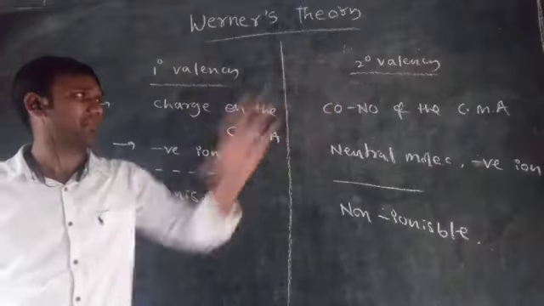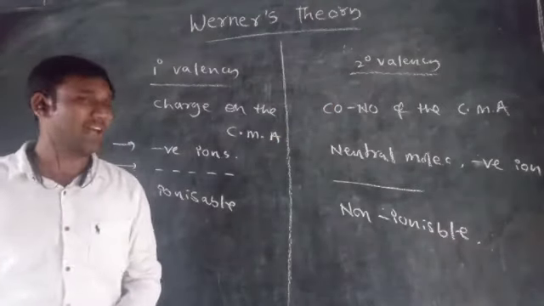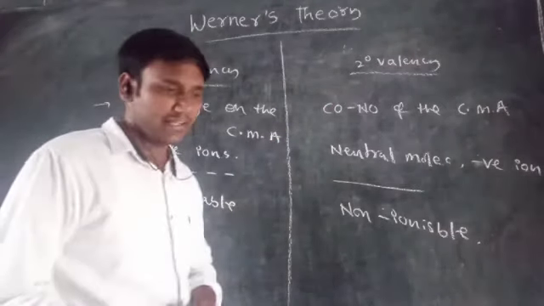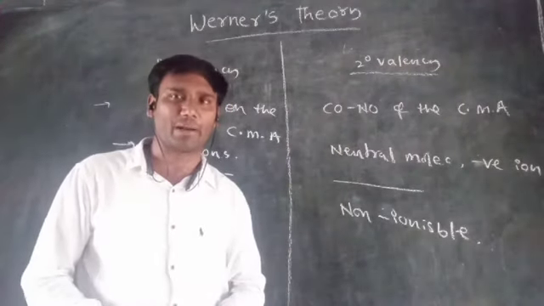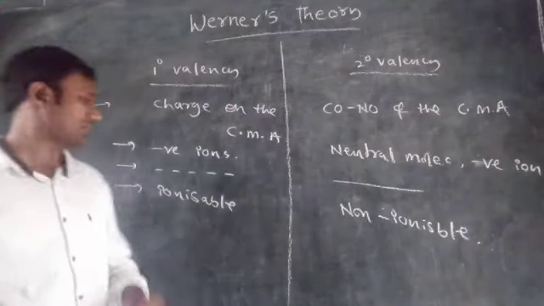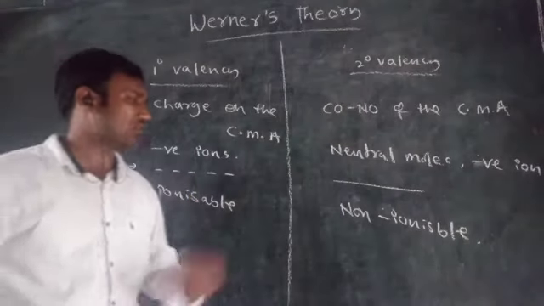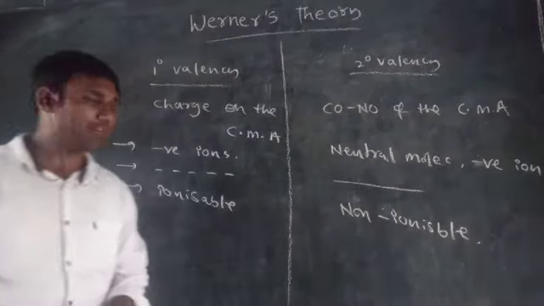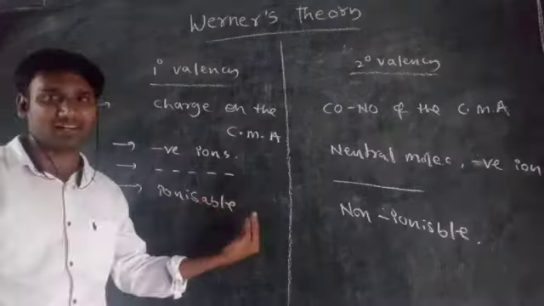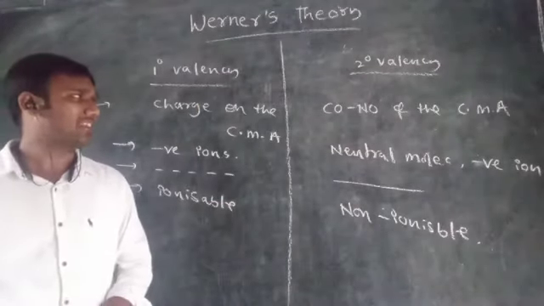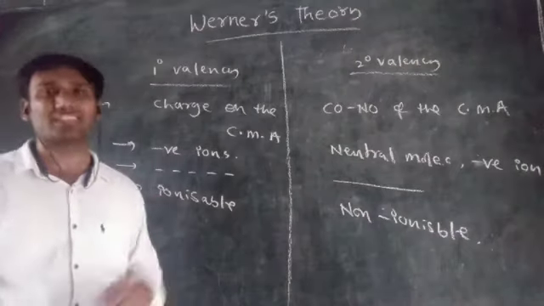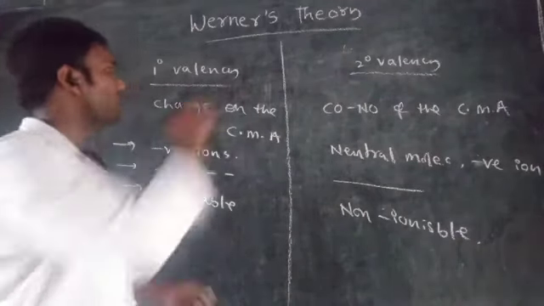Primary valency is satisfied by negative ions, while secondary valency is satisfied by neutral molecules and also negative ions. Primary valency is shown with a dotted line and secondary valency with a thick line. Primary valency is ionizable and secondary valency is non-ionizable. These are the postulates of Werner's theory.